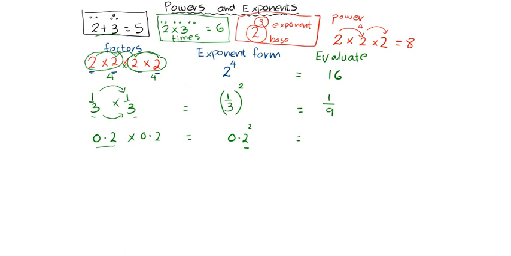So this will actually just be 2 times 2, which gives us 4. But then you can see there is one decimal place in 0.2, and altogether for 2 of them, it means you have 2 decimal places. And then you can place your decimal point. So it will be 0.04. Okay, I hope that helped you with powers and exponents, and I'll see you in the next video.